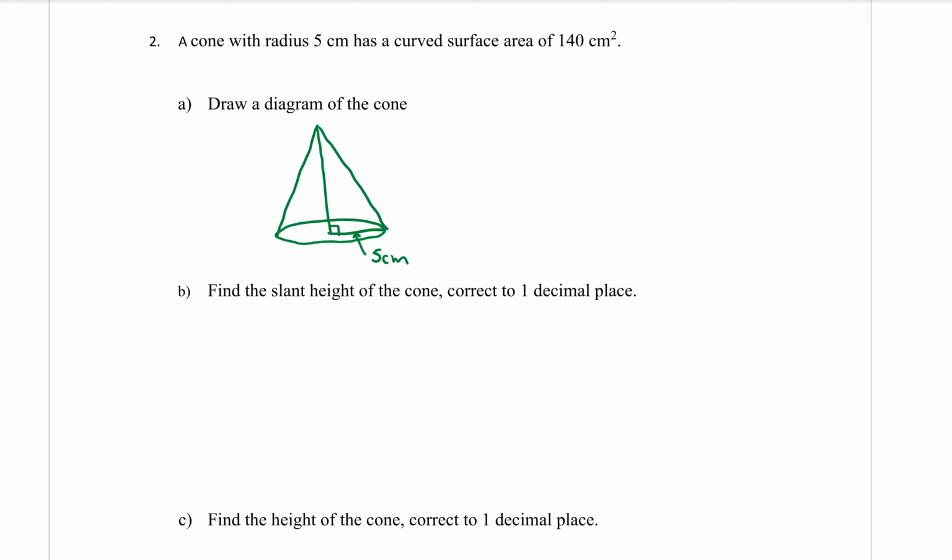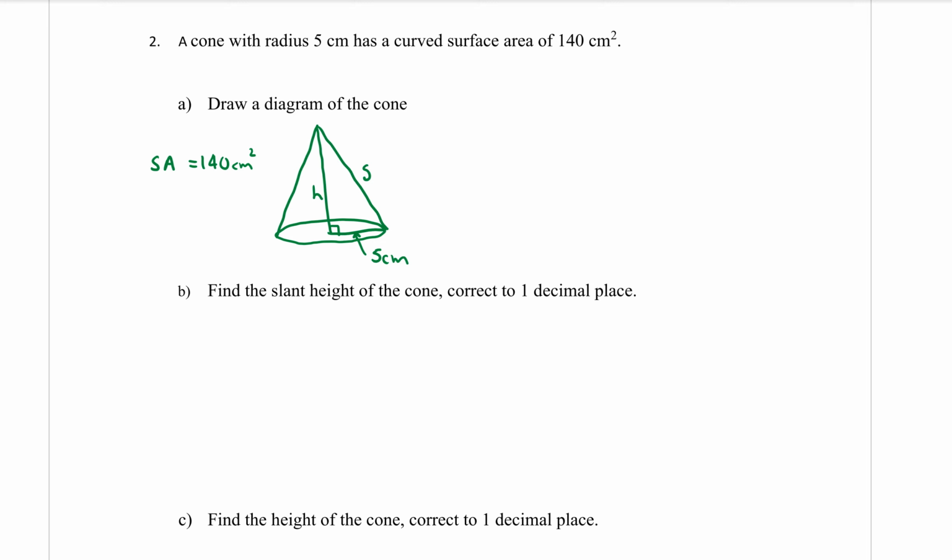And it tells me that the whole surface area, which I can't really write on my diagram very well, but my surface area is 140 centimetres squared. This one would be the H, which we don't use for surface area. We use it for volume. The S, the slant height, that's the one that we need.